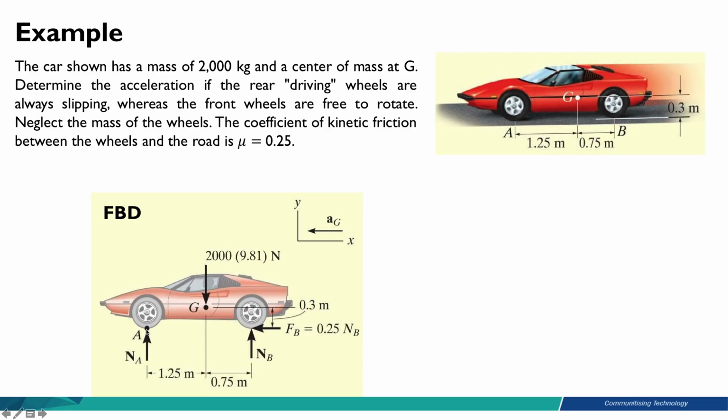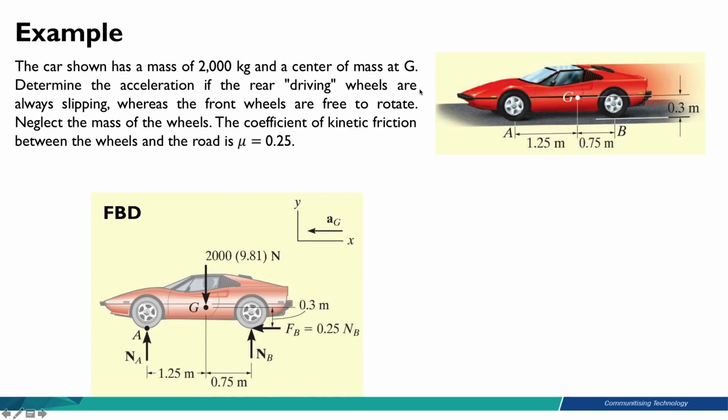And we have point A and point B that are in contact with the ground. Therefore, we have the normal force. Whenever there is a contact between a rigid body and the ground, there will be normal force acting on that contact point. So we have normal force at point A and also normal force at point B.